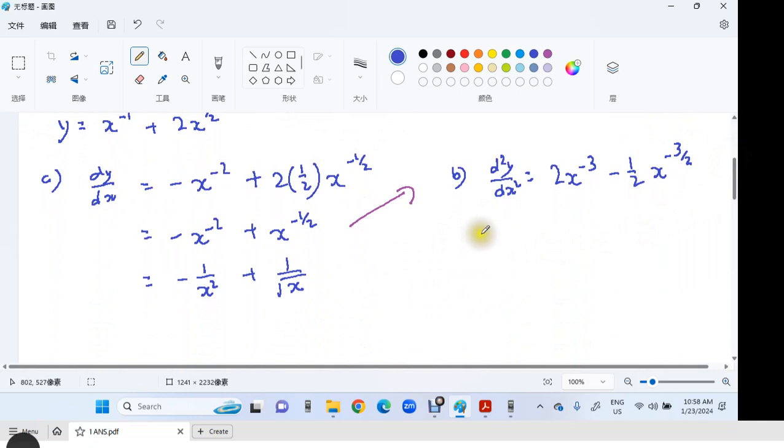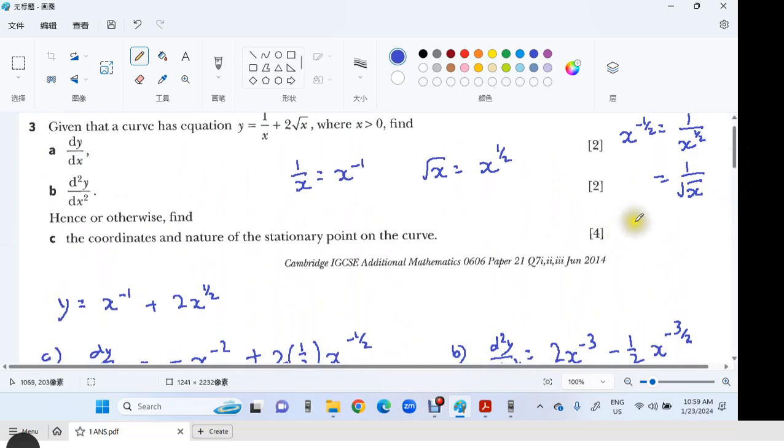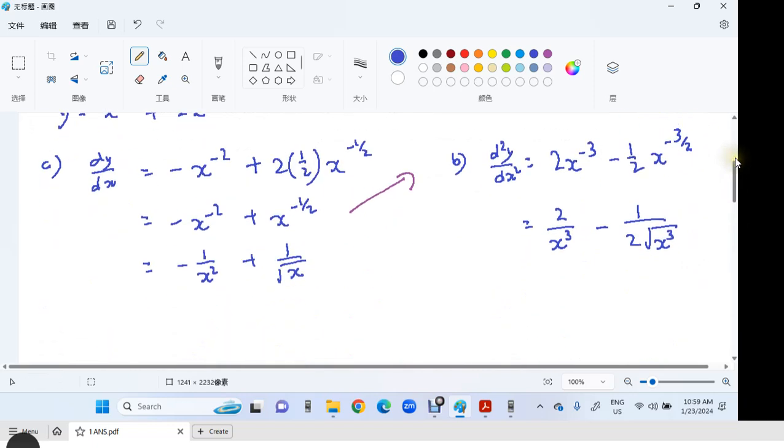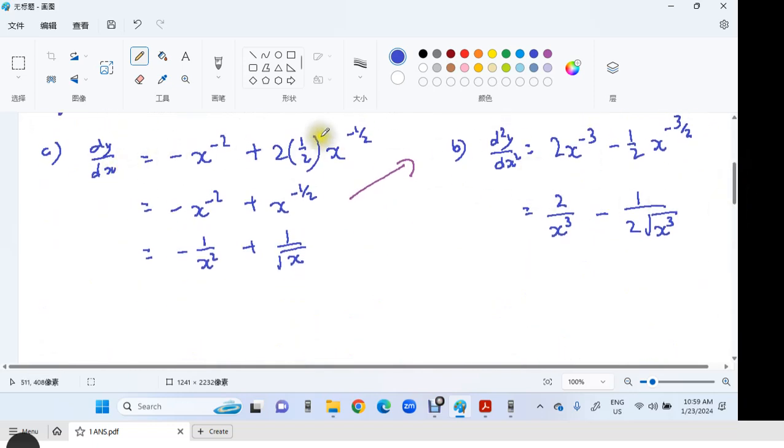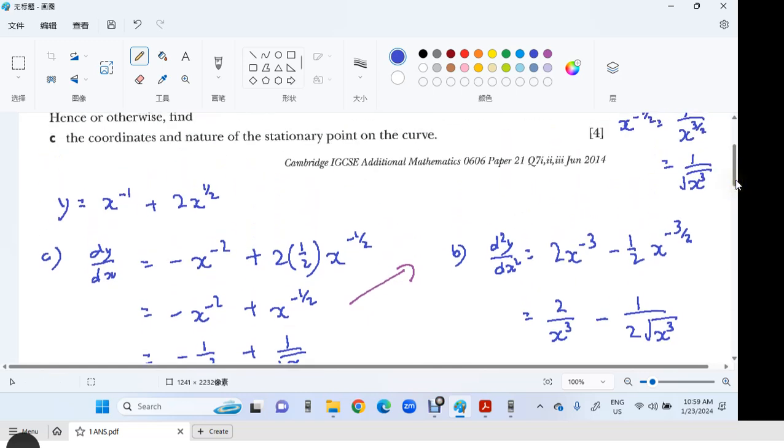And for this one, it will become 2/x³ minus 1/(2√x³), since x^(-3/2) is 1/x^(3/2), which is 1/√x³. So this is the first derivative and the second derivative.